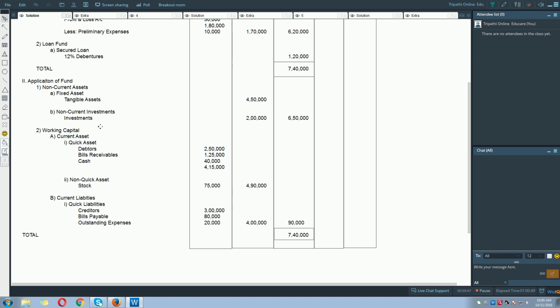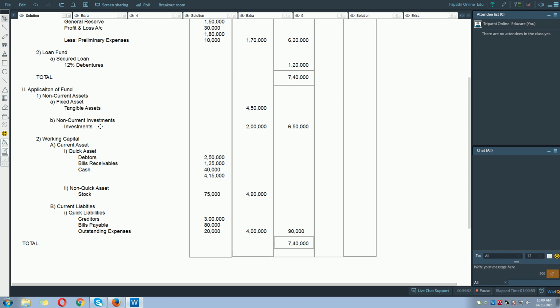So if you take the total of the asset side, that is total of non-current asset and working capital, that is 650 plus 90, that will give you 7,40,000. So you can see our balance sheet is tallying.